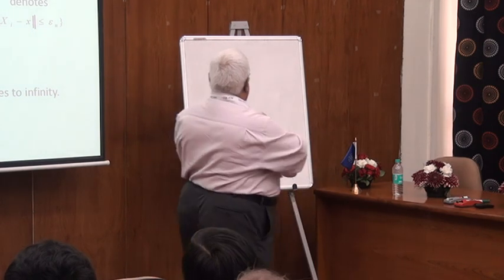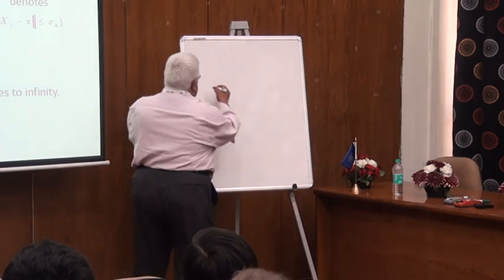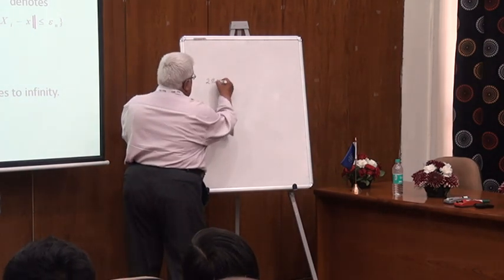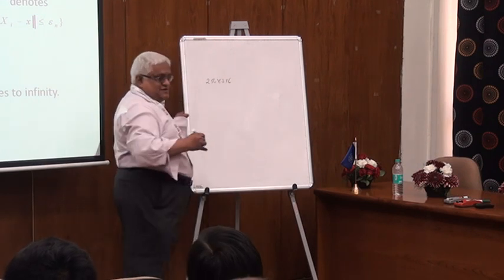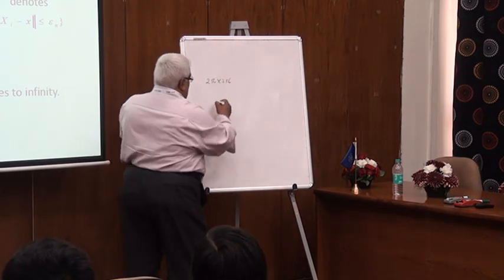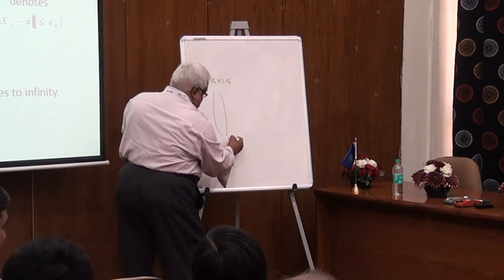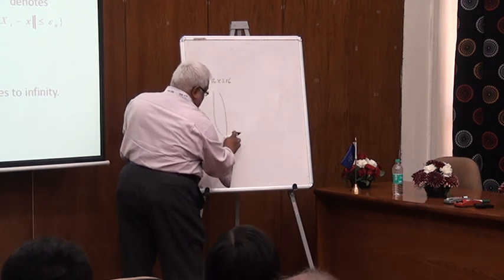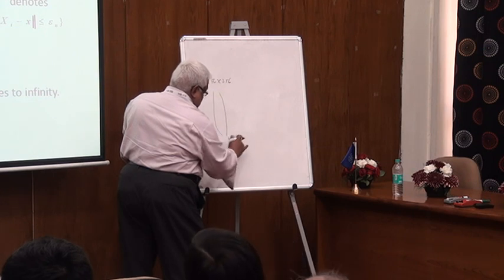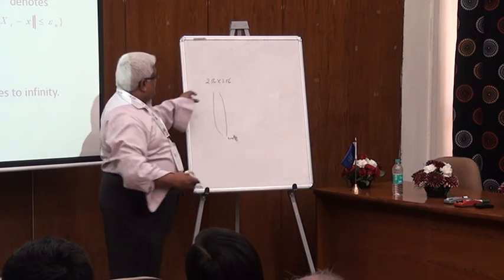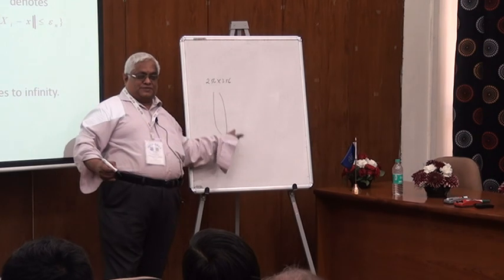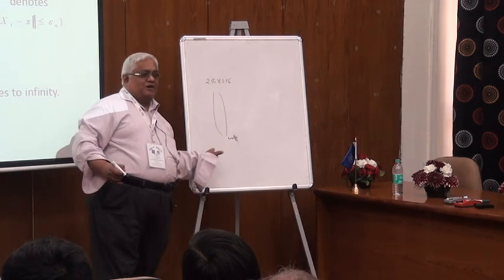Let us say it's a 256 by 256 image. You can write it in the form of a vector with 256 square entries, one column vector.